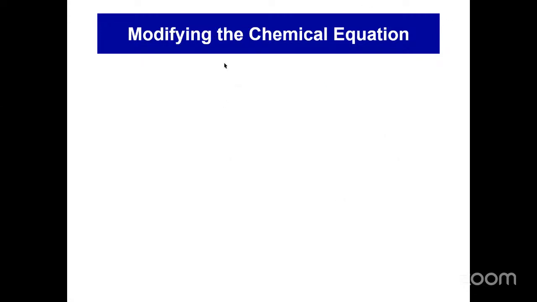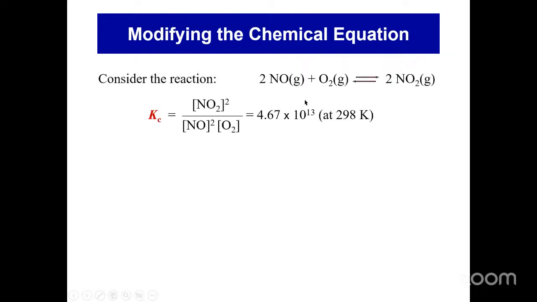Now, what happens when we modify the equation representing the system in equilibrium? Okay, so let's say you're given this equation right here, for example, already balanced. And the Kc expression, we know how to write it based on what we have just done, right? Kc will be equal to the concentration of NO2 squared divided by the concentration of NO squared times O2, right?